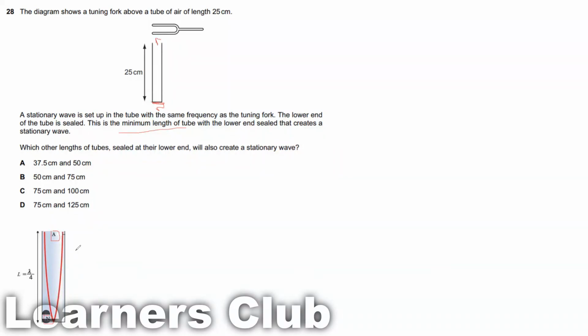So we know that this is lambda by 4, because node to the other node, for example, if you have a stationary wave, this is node to node. That is half wavelength, half lambda. You have an antinode here.